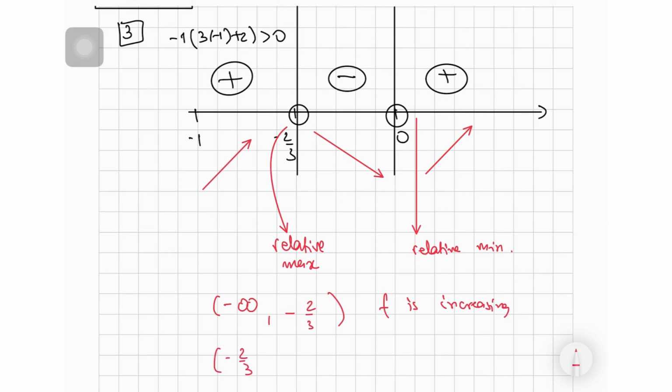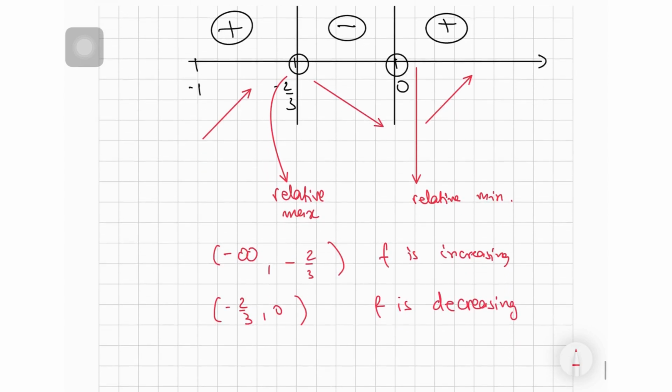Between negative 2 over 3 and 0, f is decreasing. And from 0 to infinity, f is again increasing.